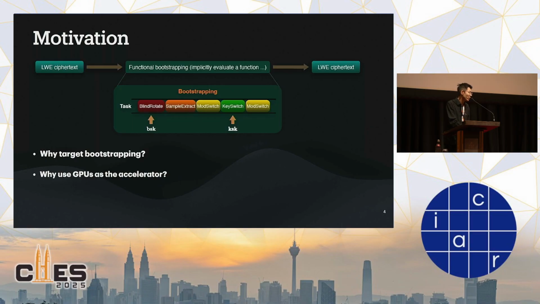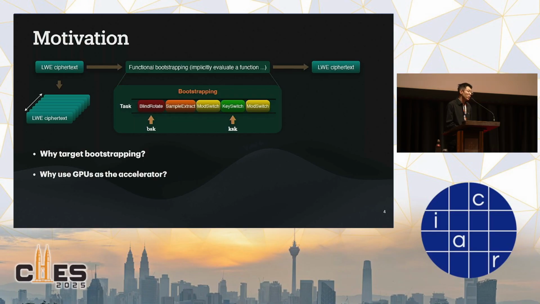Okay. So the next question is why use GPU as the accelerator? In fact, we can use all types of accelerators, including GPU or FPGA or ASIC. I think it's all very suitable. And why not just use CPU? Because CPU only has multi-threads, but the acceleration rate will be rather lower than hardware accelerators.